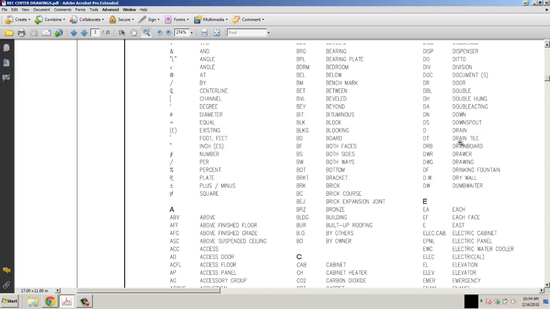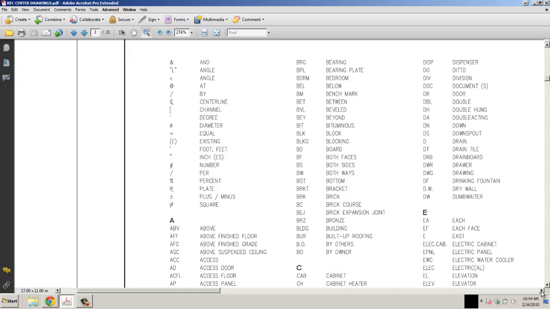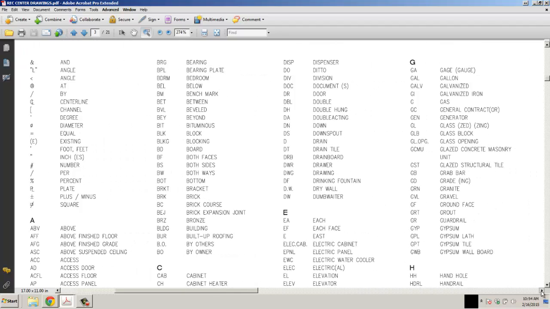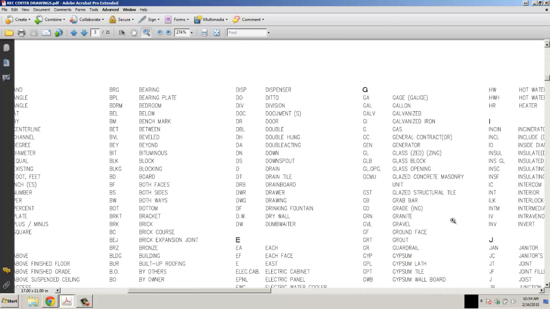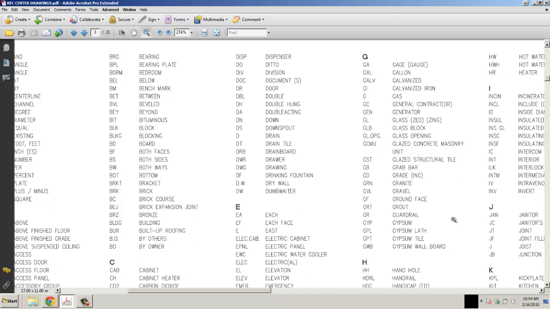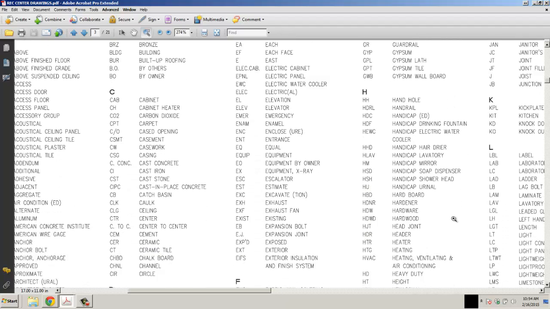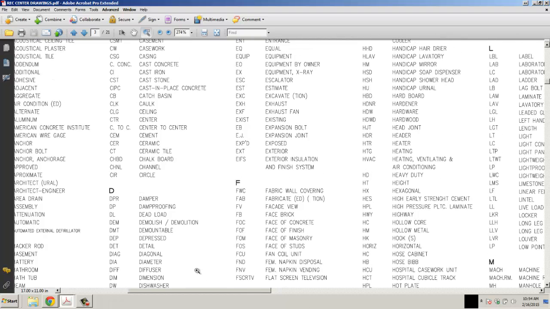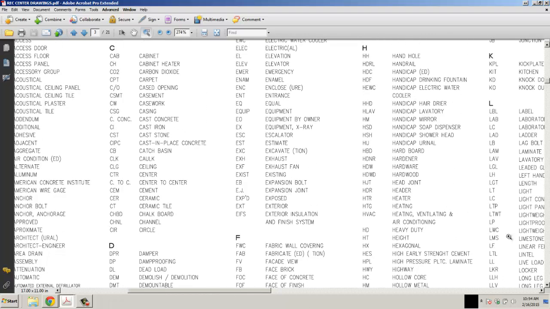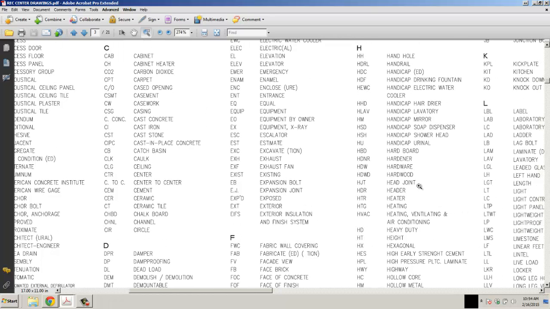So a lot of times the architects will use these. Maybe I went by fire extinguisher F. Usually it's FE for a fire extinguisher, but I don't see it here. I might be missing it, but we'll see. If we find one on our floor plans, we'll see what it looks like.